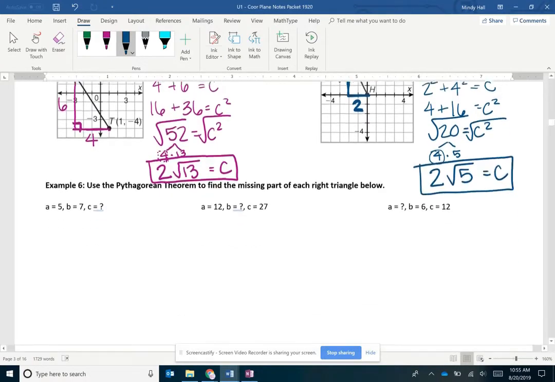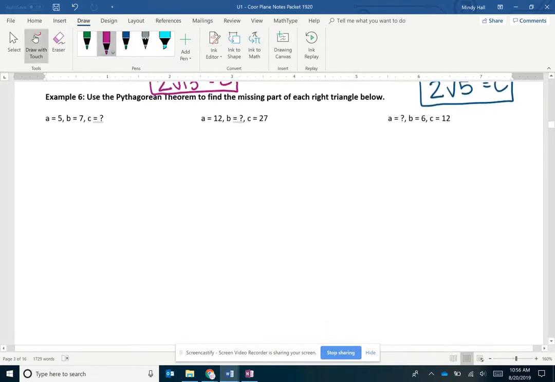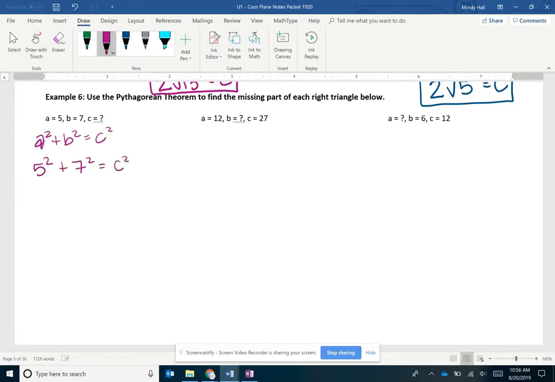Okay? So now we're just going to try it, and we're going to make it not always the c unknown. So in this case, we have a is 5, b is 7, c is unknown. So we'd have a squared plus b squared equals c squared. It's probably the last time I'll write it. But a squared would be 5 squared plus 7 squared equals c squared. 5 squared is 25. 7 squared is 49.